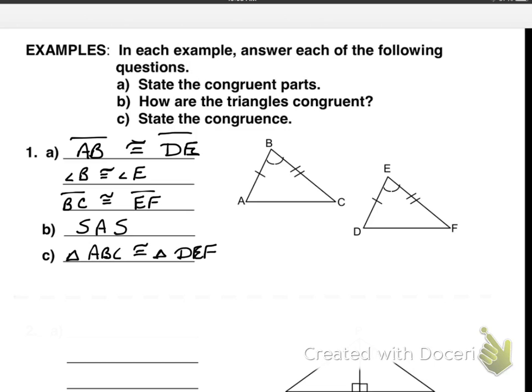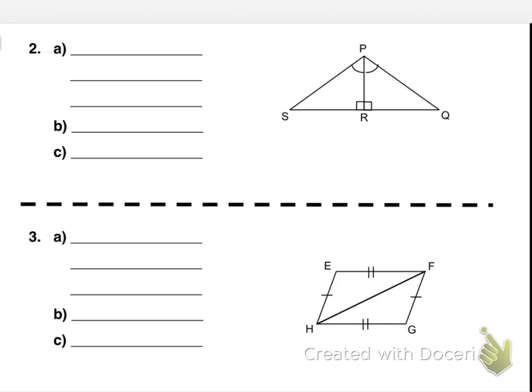All right, we're going to look now at example 2. We've got a little different situation here, a little different shape, but we know that this shared side has to be congruent because it's shared. So what we're given here is that angle SPR is congruent to angle QPR.